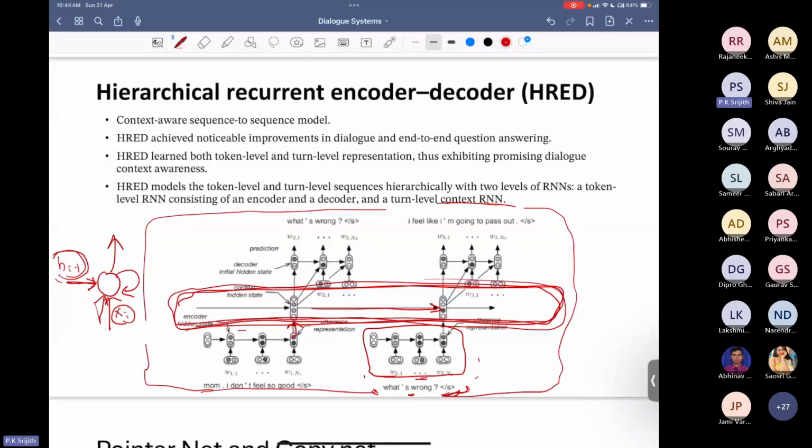The dialog state in the dialog systems. And to this RNN that you have, you need to provide some input, right? So what are you going to provide as input to this RNN?